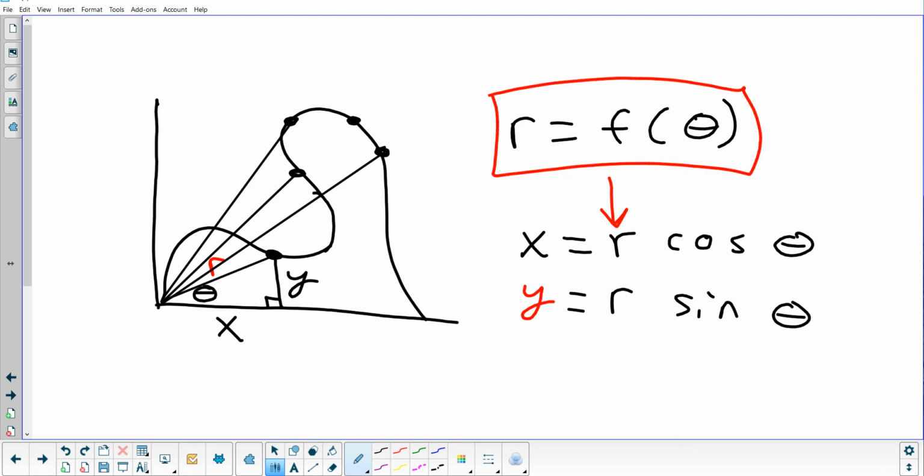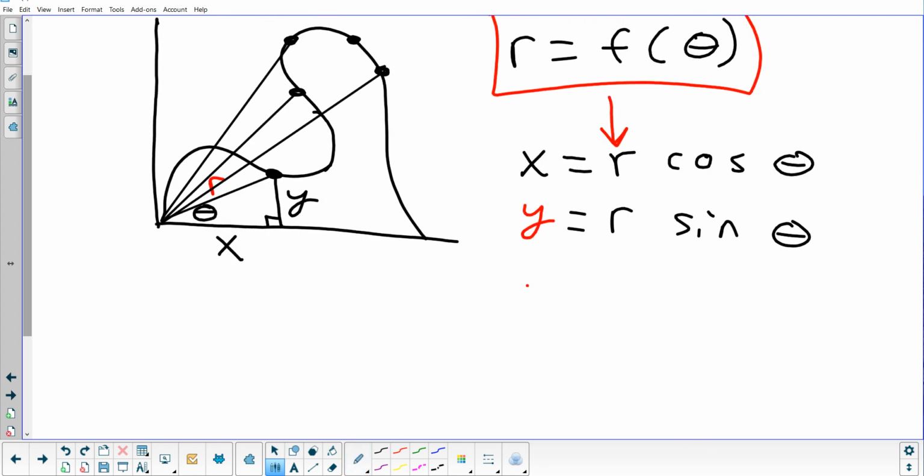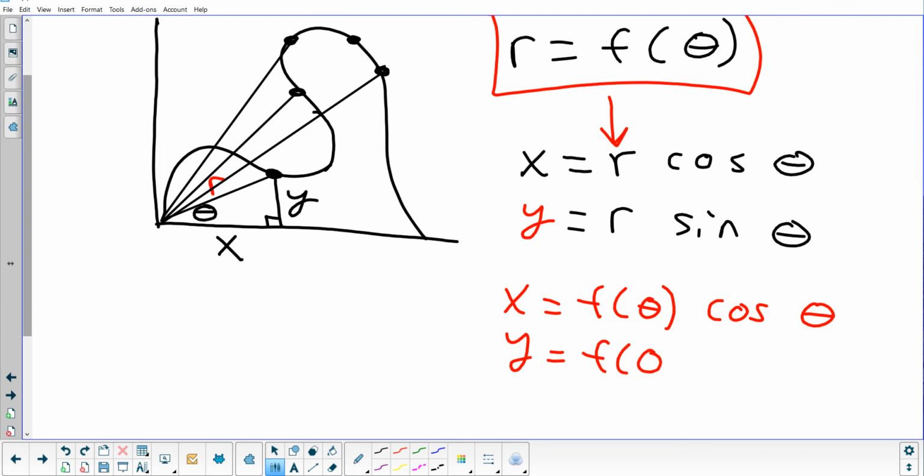The formula is r equals a function. The formula they give you will tell you how big the radius is. So if you plug this in, what you get is x equals f of theta cosine theta, and y equals f of theta sine theta.